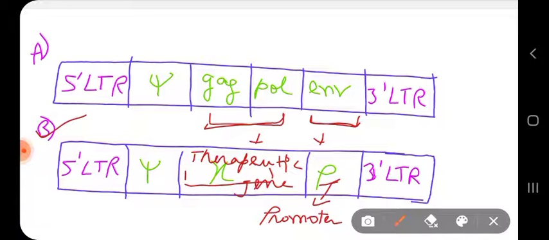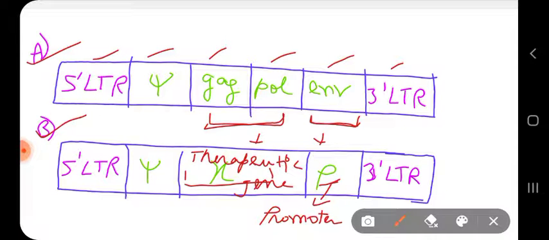Normally what it is saying here, in the above figure A, is a typical genetic map of a retrovirus. Generally, a retrovirus has an RNA genome organized into 6 regions. We can see 1, 2, 3, 4, 5, 6 regions.